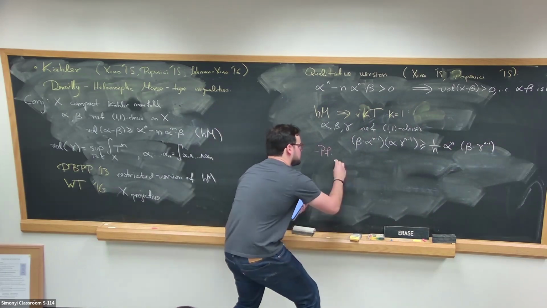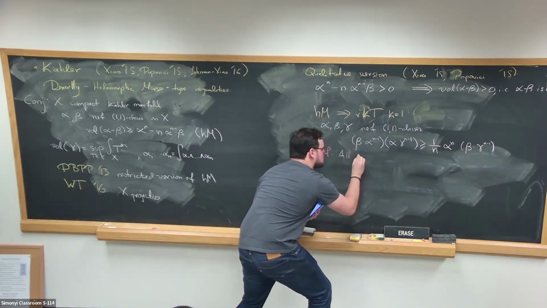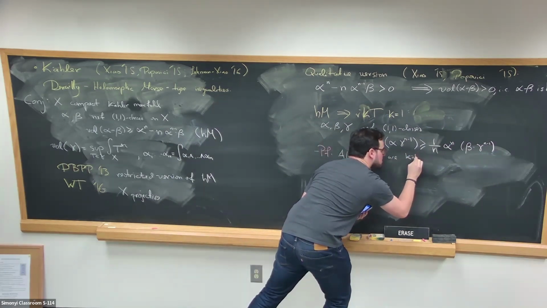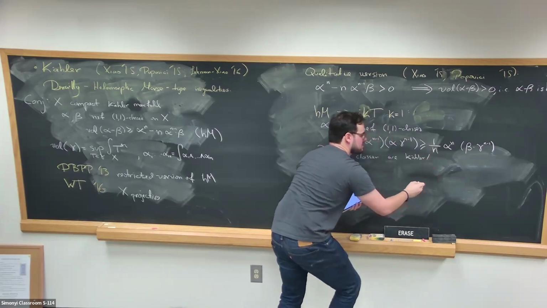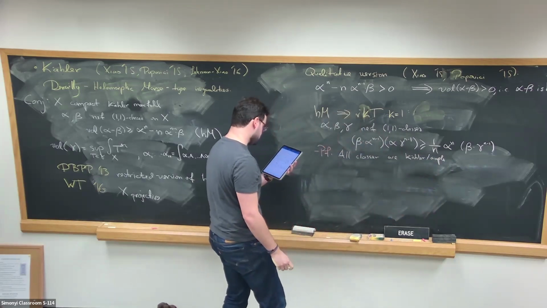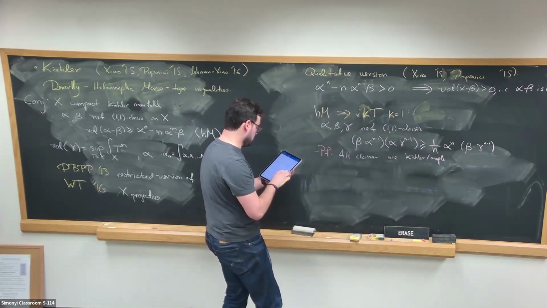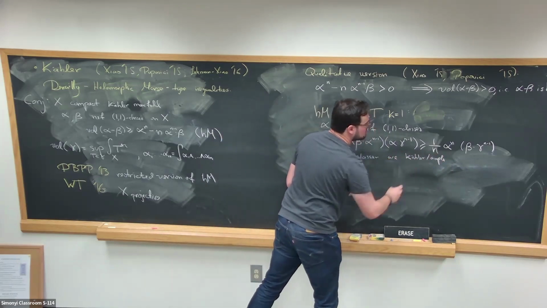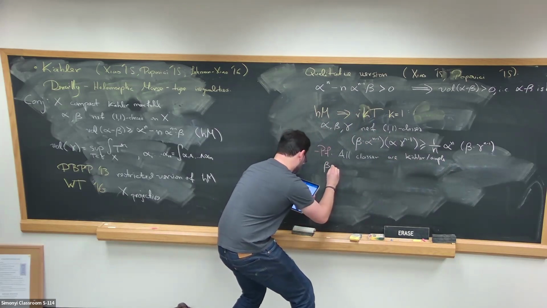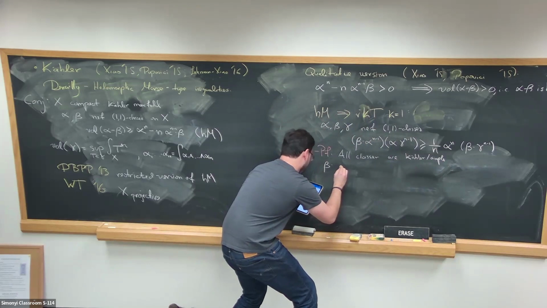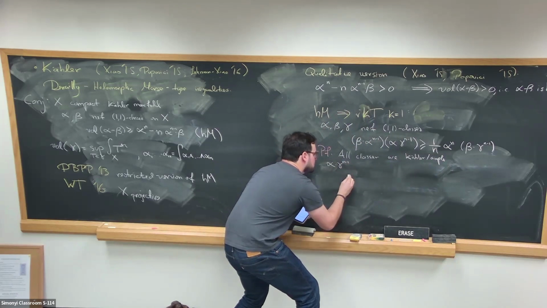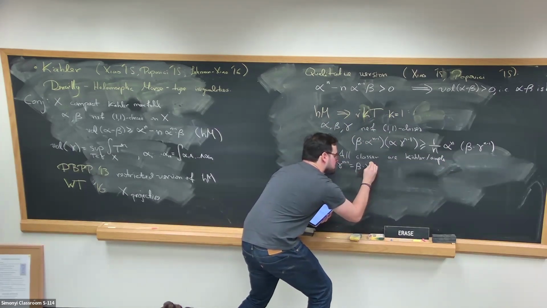What's the proof? First assume that all classes are Hodge, or in the language of projective geometry, this is not exactly Kähler. In this inequality, by scaling, we can assume that beta times alpha to the n minus 1 is equal to beta times gamma to the n minus 1.